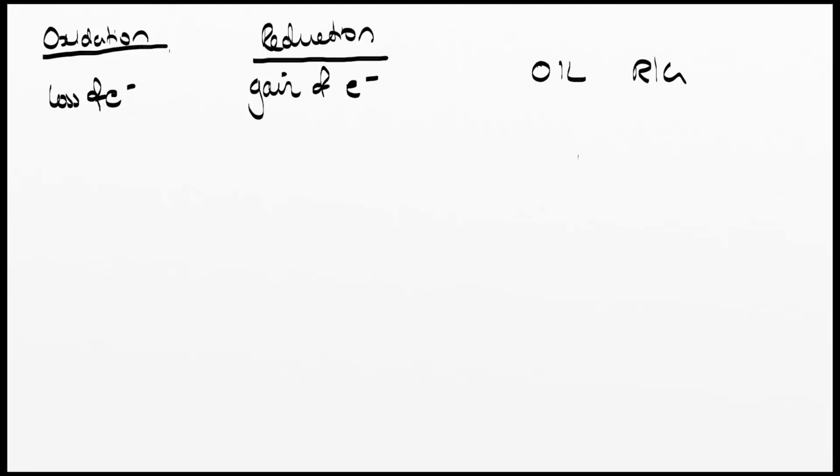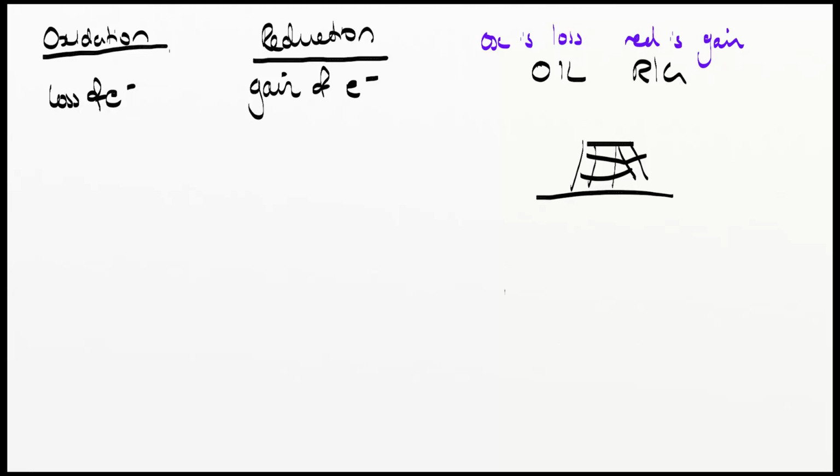So we imagine that we've got ourselves a little bit of an oil rig like this. I can't draw. And this mnemonic basically stands for the fact that oxidation is loss and reduction is gain. So remember, oxidation is loss of electrons, reduction is gain of electrons.